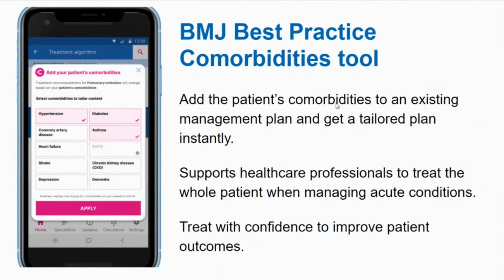And so we have very recently launched the BMJ Best Practice Comorbidities Tool. And what you do is you add the patient's comorbidities to an existing management plan and get a tailored plan. And the idea is that it supports healthcare professionals in treating the whole patient and thus delivering holistic care, which is what we want digital health to deliver, but so often it doesn't, largely because guidelines are focused on single conditions.